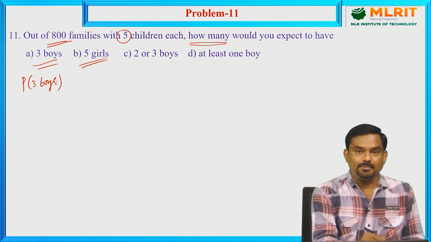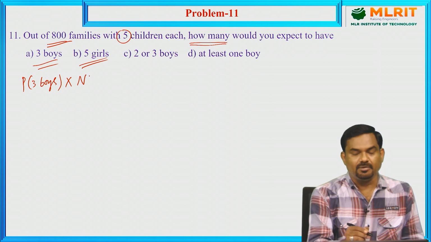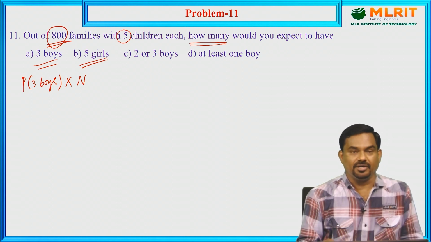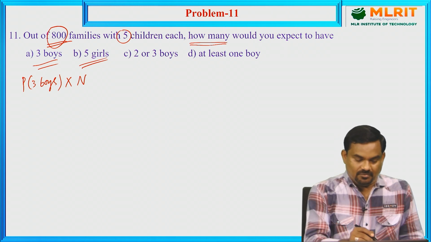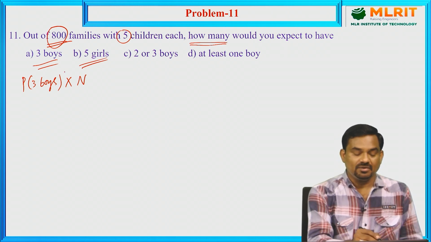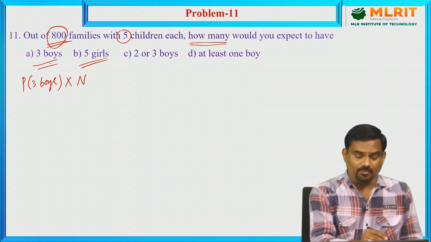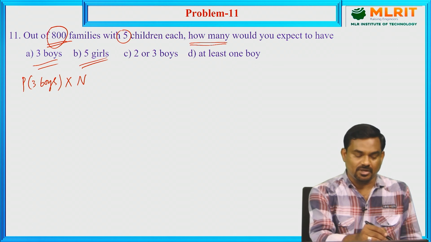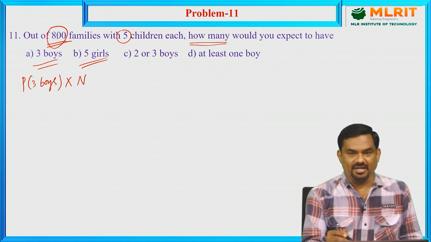Then multiply this probability with total frequency. Let us denote it by capital N, and that capital N here given is 800. So first we need to find the probability of having 3 boys, 5 girls, 2 or 3 boys and at least 1 boy. After finding the probabilities, multiply with the total number of families. That gives the final answer.